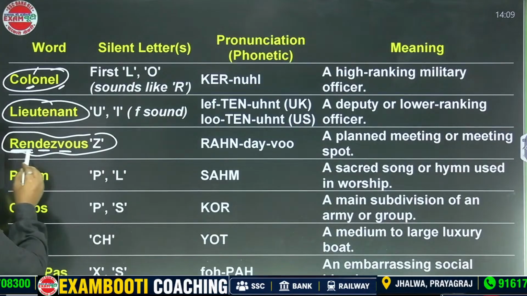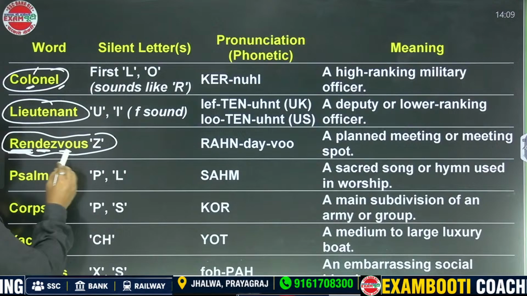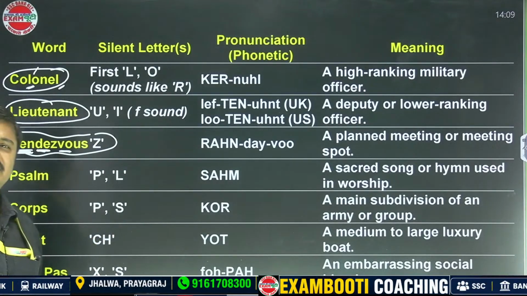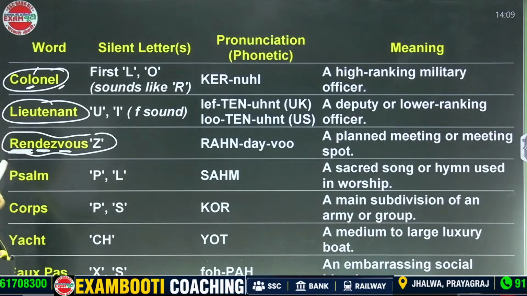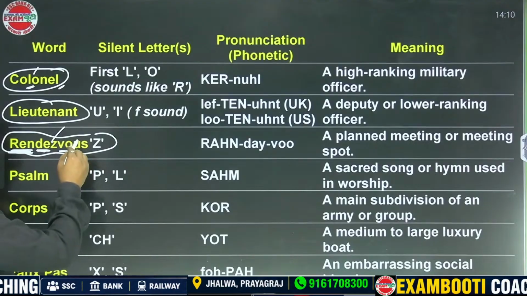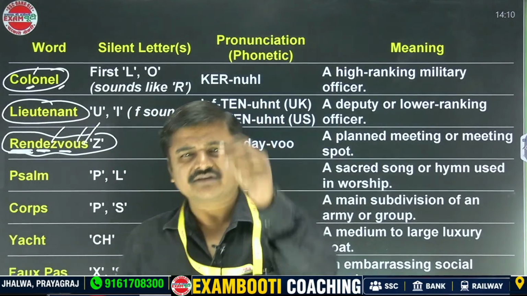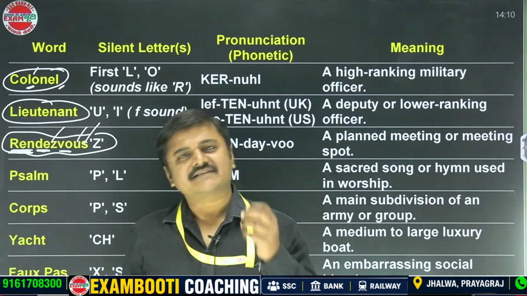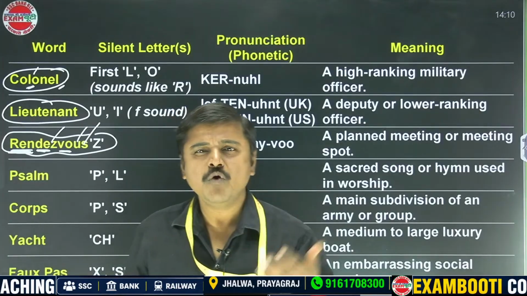It means R-E-N, D-E-V-O, woo. You have to spell out these letters and all the rest are silent. Z is silent, U is silent, S is silent. There are three letters that are silent in this word.